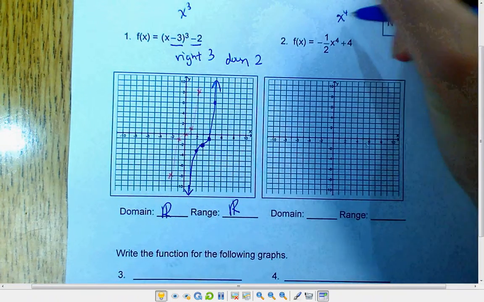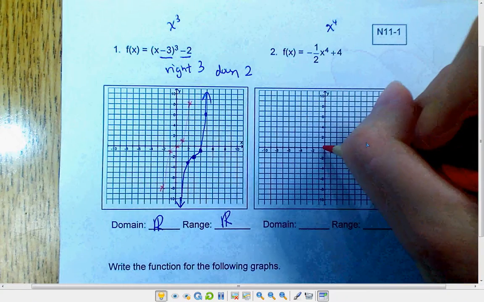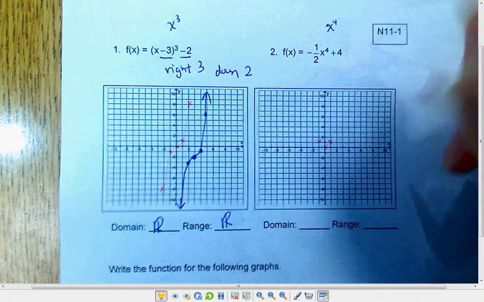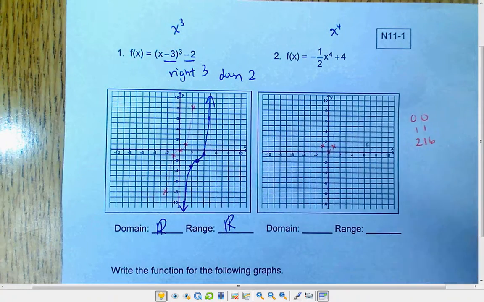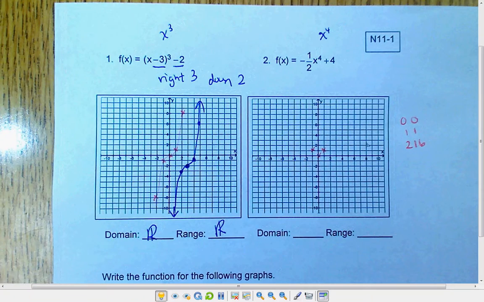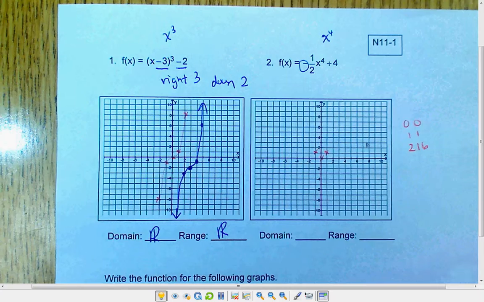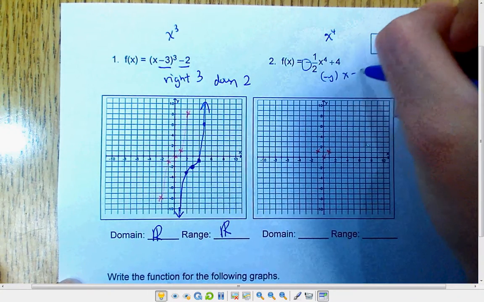Now my parent function here is x to the 4th power. So my parent function is 0, 0, 1, 1, and then way off the graph, right? So it was 0, 0, 1, 1, 2, 16, and then in the other direction as well. So what has happened here? So first of all, this negative tells me that it has been reflected, the negative y, across the x-axis.